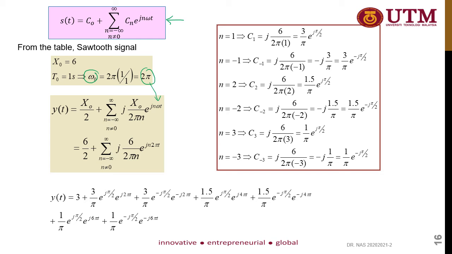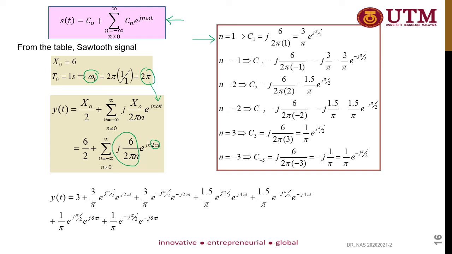So x naught is equal to 6, and replace omega with 2 pi. Next is to identify the Cn values up to third harmonics. So up to third harmonics, you need to consider all n negative and positive 1 up to 3.